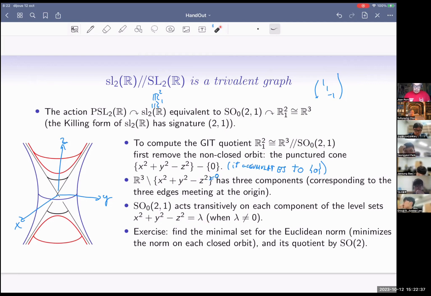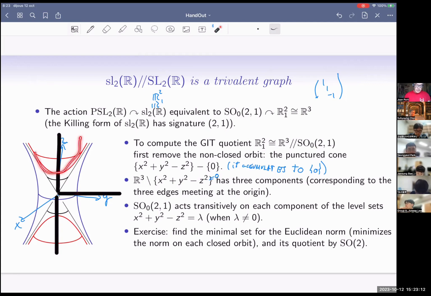So this gives me the 3 axes. If I draw them in black and thick, one axis is here, one axis is here, one axis is here, and each corresponds to the orbits. So each orbit of this hyperboloid of one sheet, each level set meets these edges in only one point.